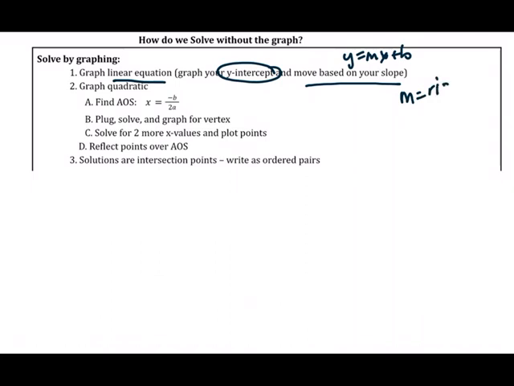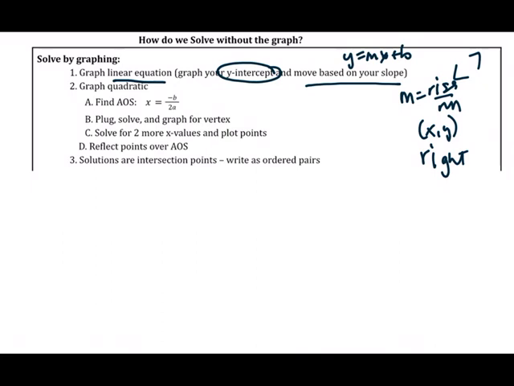Remember that our slope is our rise over our run, and start at any ordered pair, and then we can move up and to the right or down and to the right, depending on if our slope is positive or negative, to graph the next point, and the next point. Make sure that our graph has arrows on the ends, and we really want it to take up the entire grid because we don't exactly know where the quadratic is going to cross that line.